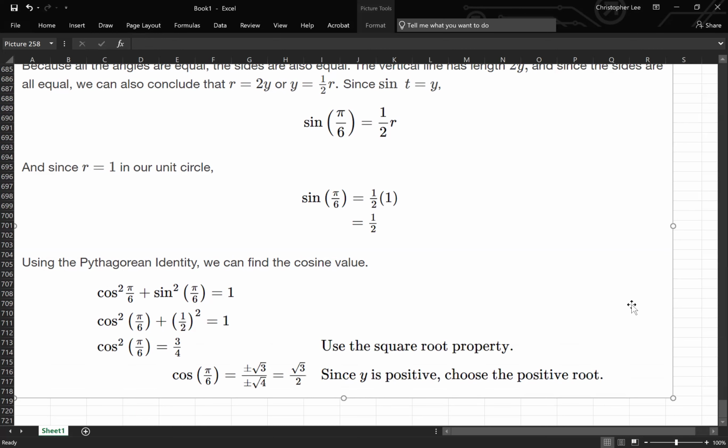Combining them together, cosine squared of pi over 6 is equal to 3 over 4. So use the square root property. Since y is positive, choose the positive root.